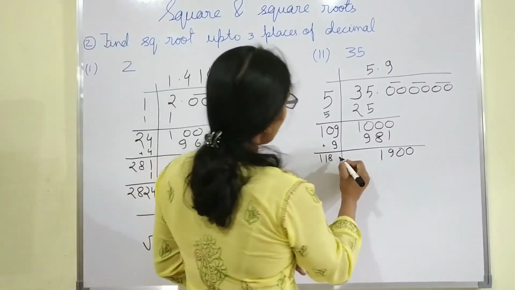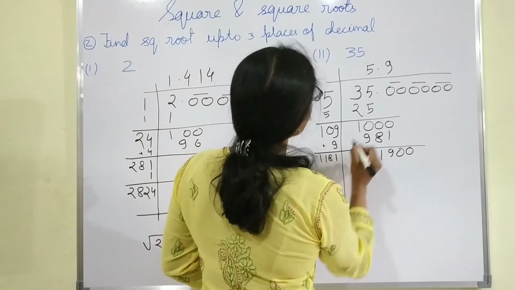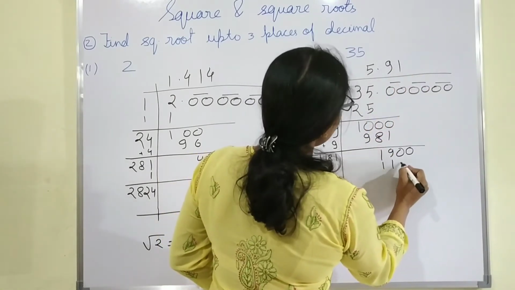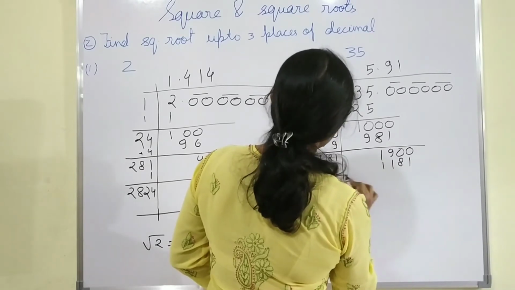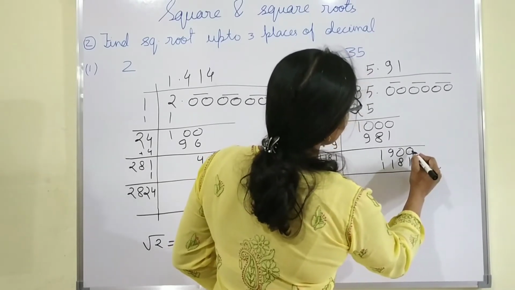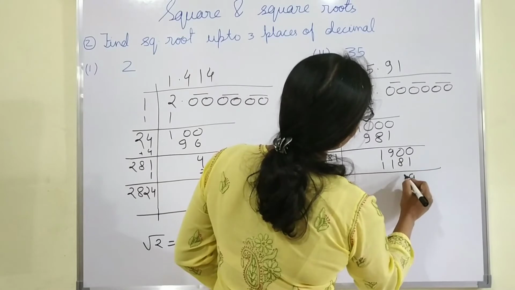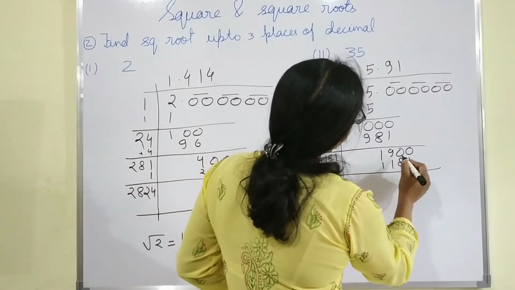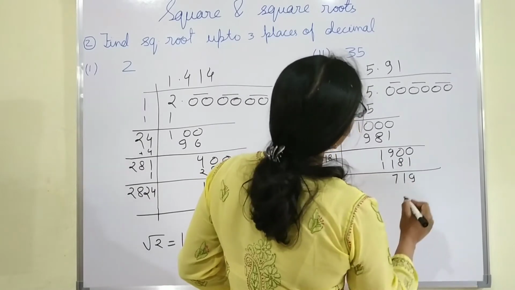Okay. Now 1 ones are, so 1181. Now subtract, so 9, 1 and 7.